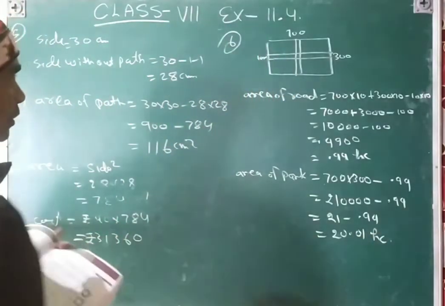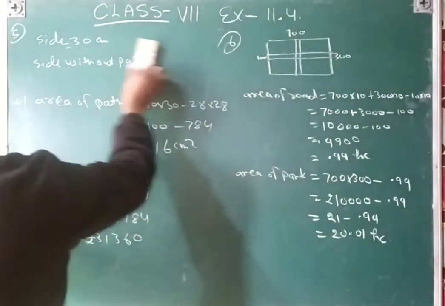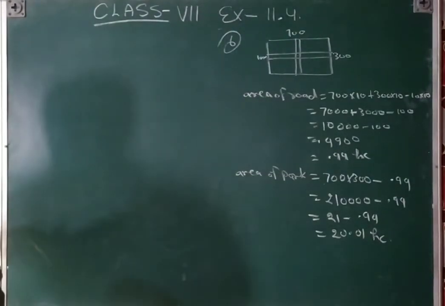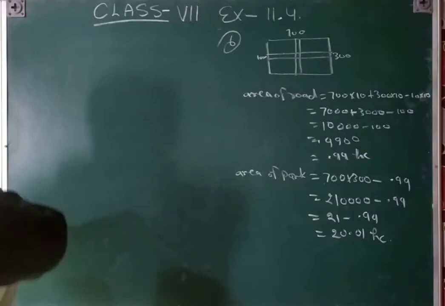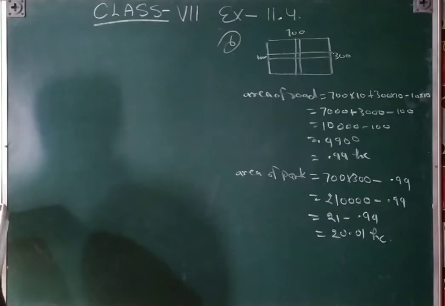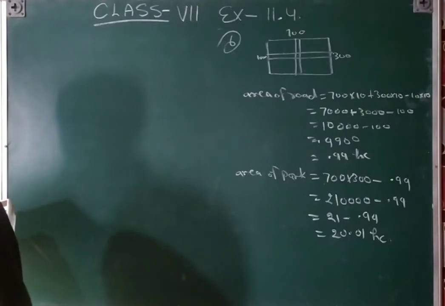And then seventh question is a very lengthy exercise and also quite difficult. In a rectangular field of length 90 meter and breadth 60 meter, two roads are constructed which are parallel to the sides and cut each other at right angle through the center of the field.